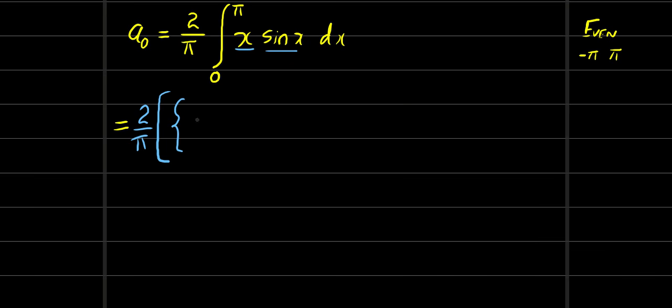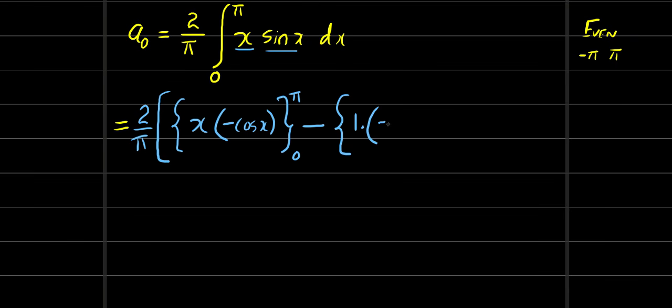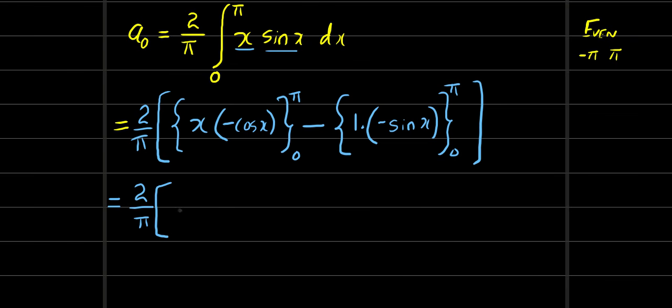And that will give us the first function times minus cos x within 0 to pi, minus the derivative times minus sin x within the limits 0 to pi. Okay, now look at this, the cleaning up. Let's clean it up. I strongly recommend you don't forget this step.